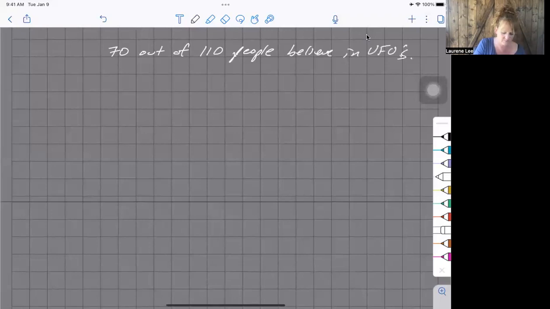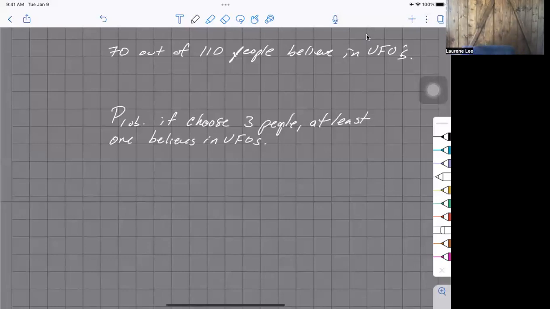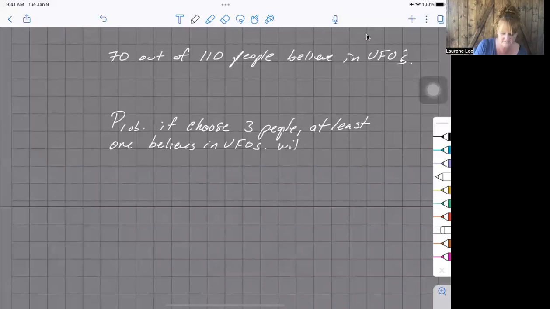Okay, find me the probability that if I choose, let's say 3 people, that at least one of them believes in UFOs. And I'm going to say, because this is in fraction form, we'll say without replacement.